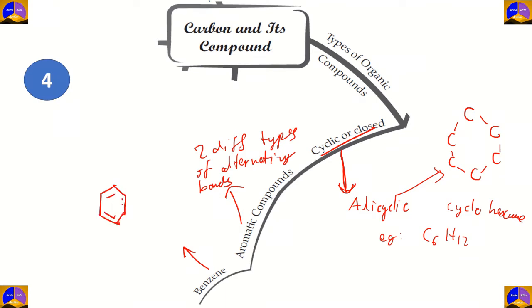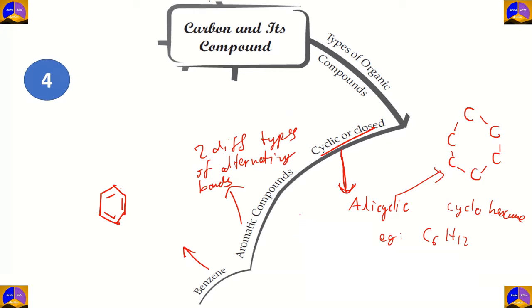As you can see, you have a single bond between 2 carbons, then a double bond, then a single bond, then a double bond, and then a single bond, and finally a double bond. So there are 2 different types of bonds present in the closed compound, and that's why it's called an aromatic compound.